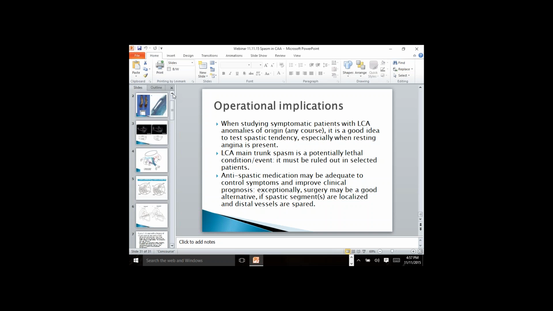So it could be that this is the source of the connection, the association between spasm or dysfunction of the probably nerve control of the media of the vessels.